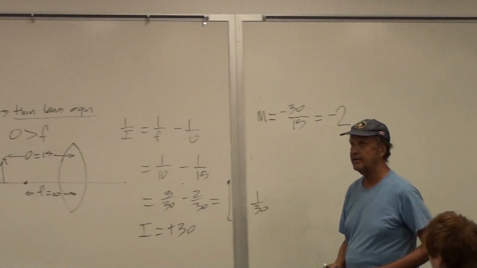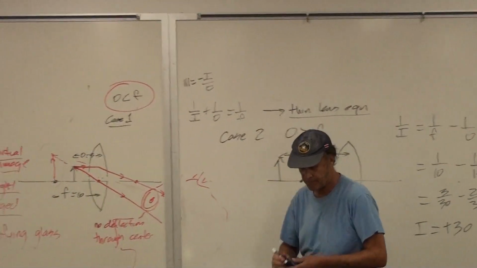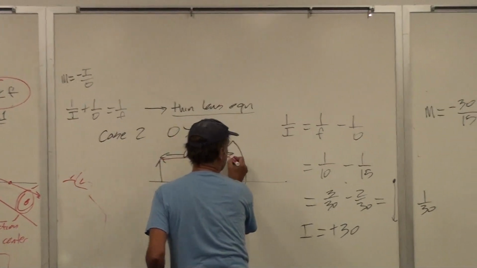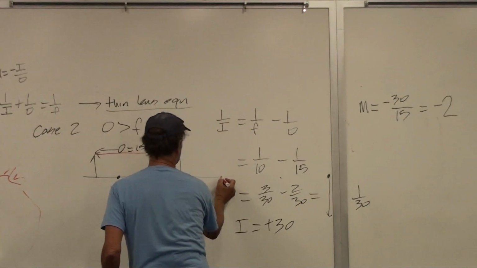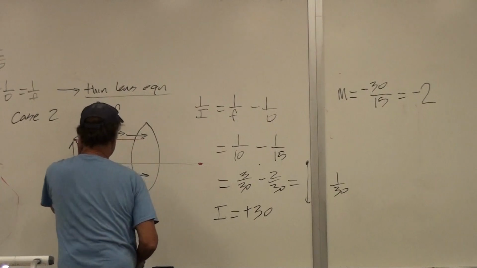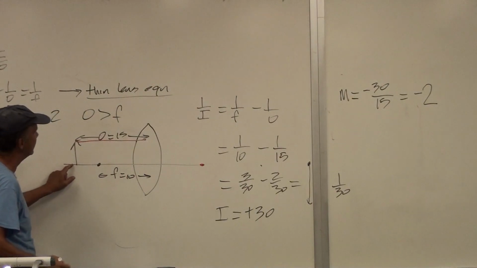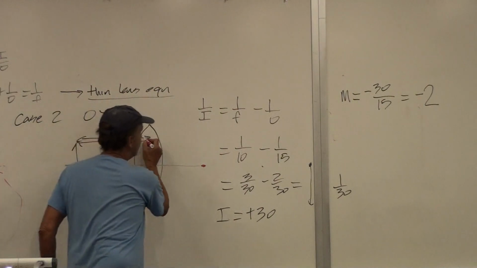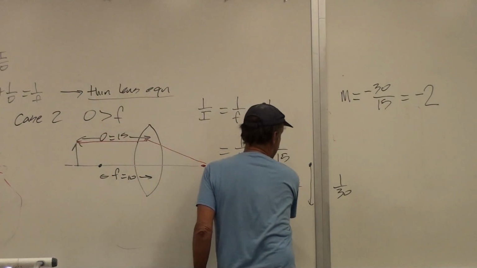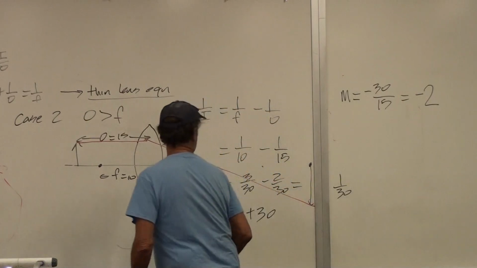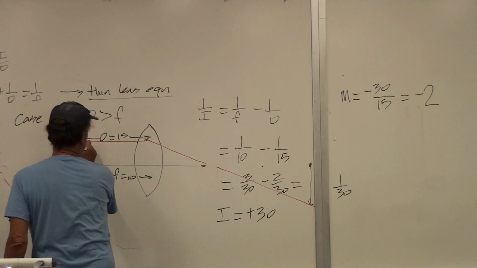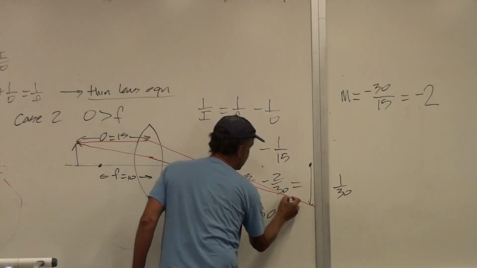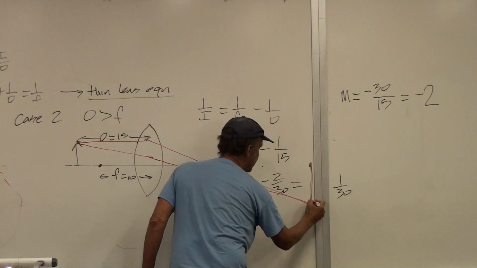Let's see if the ray diagram is going to agree with me. One ray comes in parallel, and I'm drawing the focal point on this side. That helps me draw my diagram. One of these rays goes through there and continues on. Then the second one goes through the geometric center with no net deflection, and also ends up at that same location.